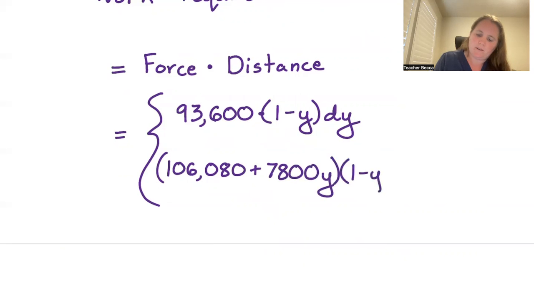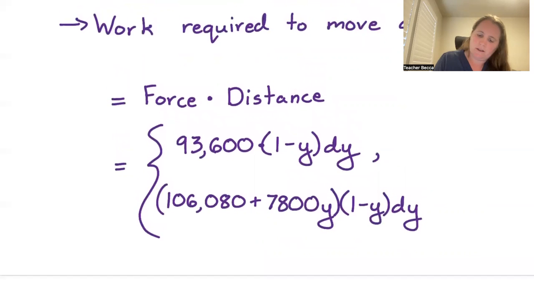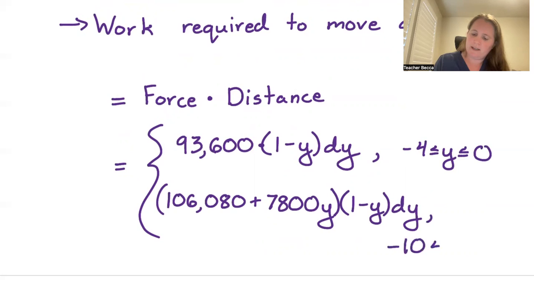Multiply that by 1 minus y, then times dy. So the first component was for -4 less than or equal to y less than or equal to 0. Our second component is for -10 less than or equal to y less than -4.